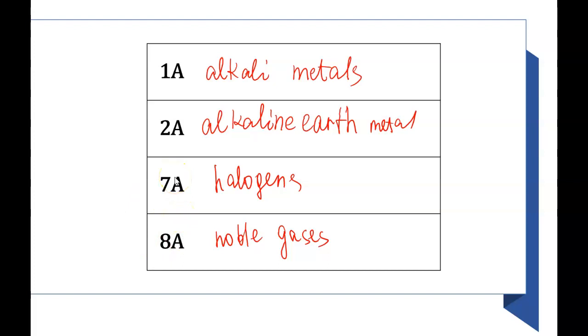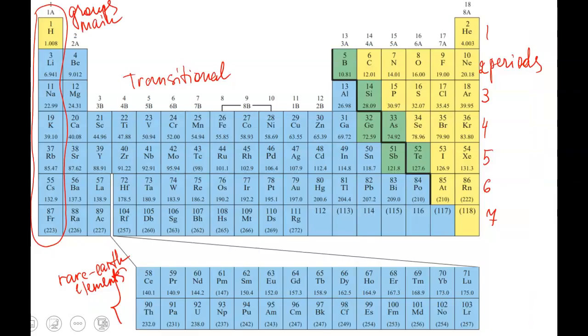So you need to know symbols. As I mentioned earlier, you need to know the names of these groups, the specific common names, and you need to know that columns are groups, that rows are periods, that there are transitional groups, and that in the periodic table there are metals, non-metals, and metalloids.